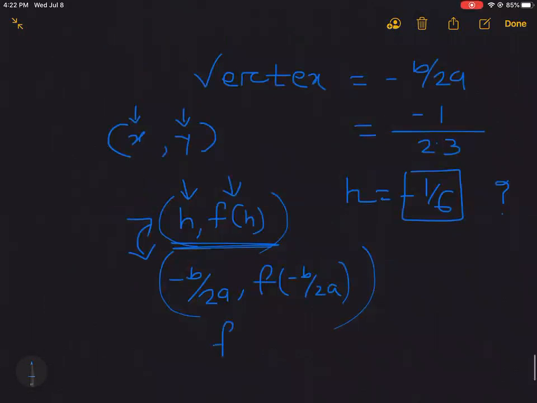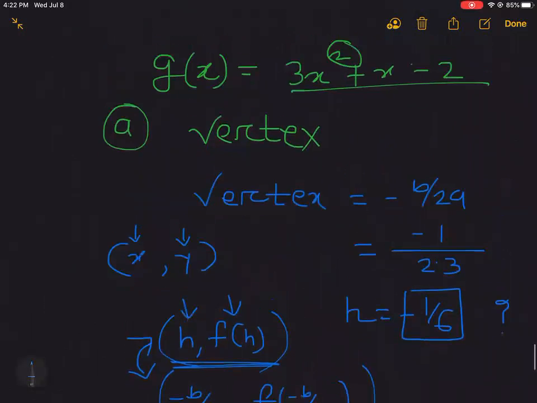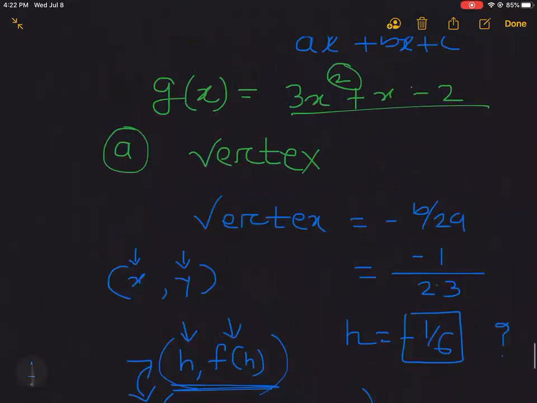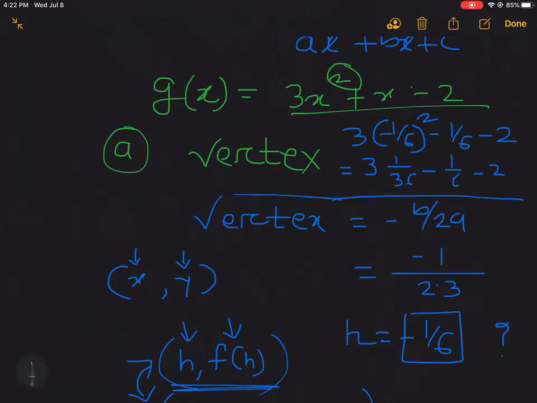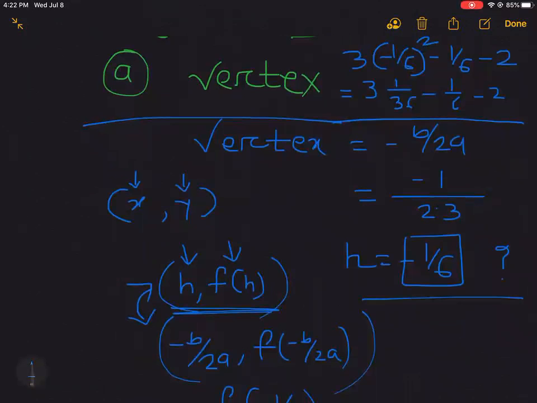So we actually need to find this, and if we plug in, let's see what happens. 3 times 1/6 squared minus 1/6 minus 2, right? So it will be 3 times 1/36, minus 1/6 minus 2. So 3 and 36, it can go 12 times into that.